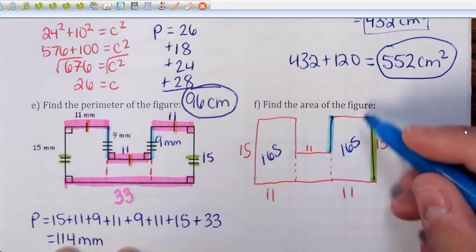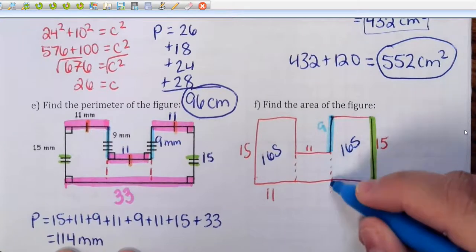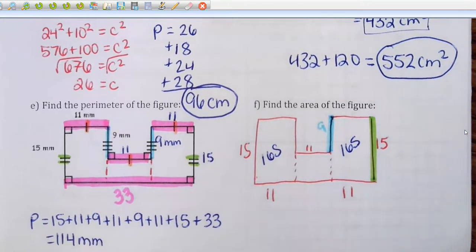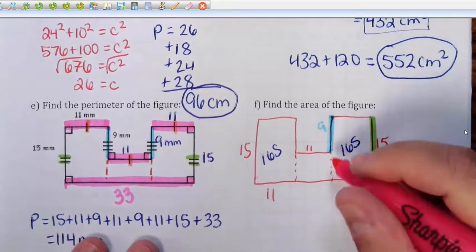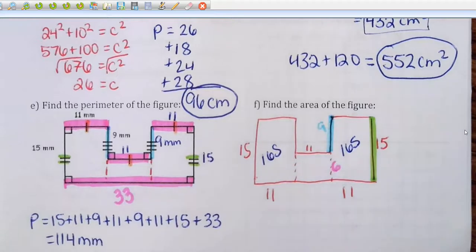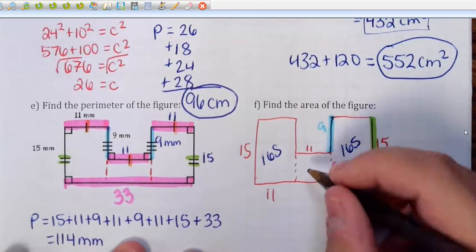So if this much of it is 9, 9 plus this little dotted segment I put in here has to add up to the 15. So that is going to force this little dotted line to be 6. Okay, and then once I have that, I know the other side of that rectangle is 11. We'll just do 11 times 6, which is 66.